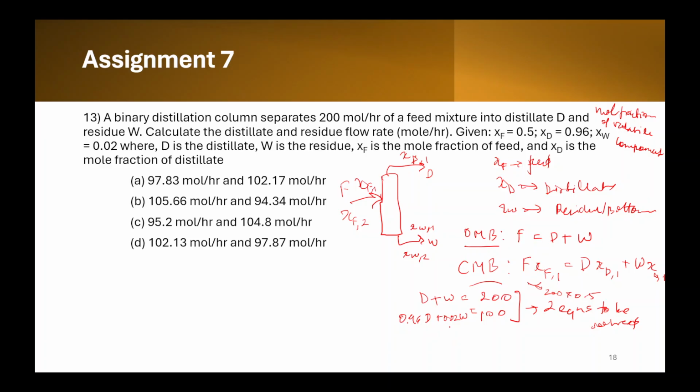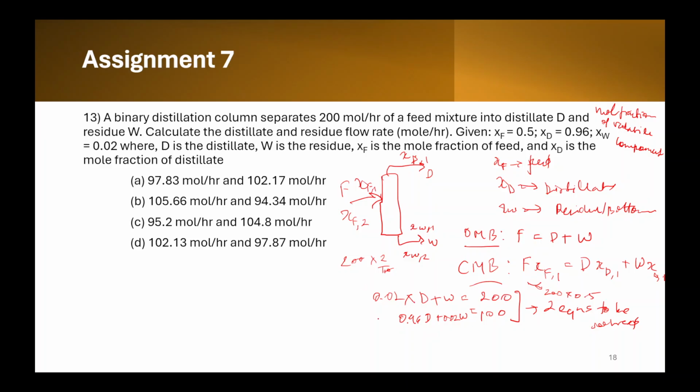What you can do is multiply the first equation by 0.02. If you multiply that, the W and W will get cancelled. 200 into 2 by 100 will be, so 100 cancelled, this will come out to be 4.